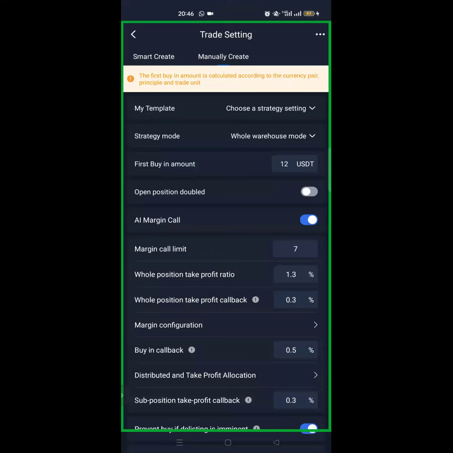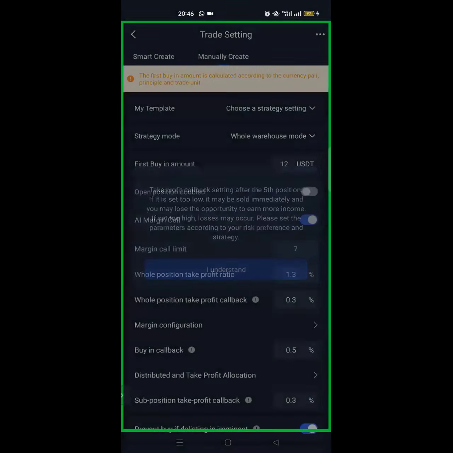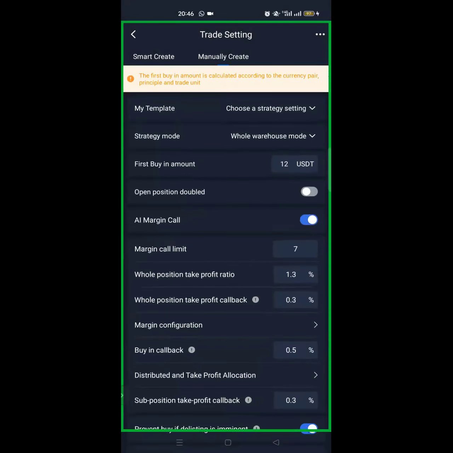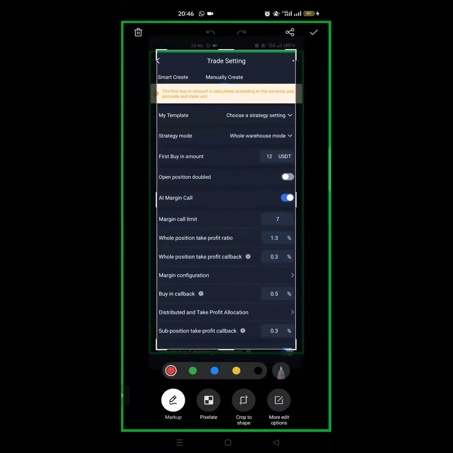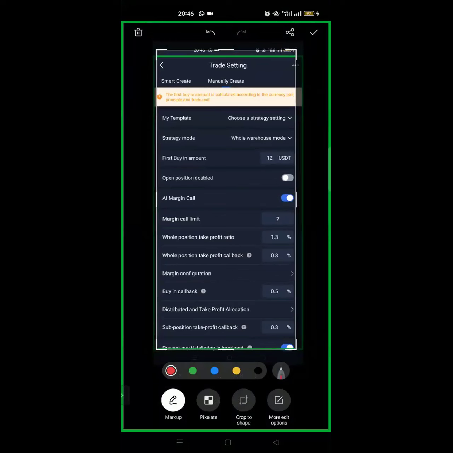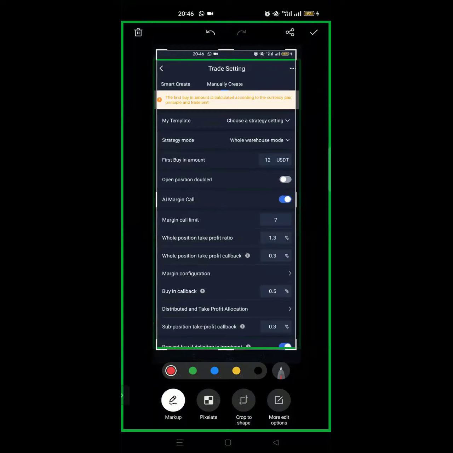So the first thing on this interface here, when you click on manually create, is my template, choose a strategy mode, which I think I have explained.